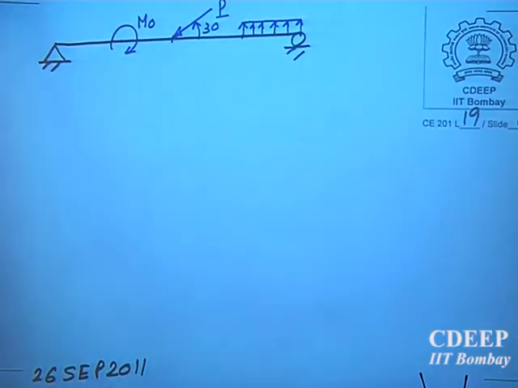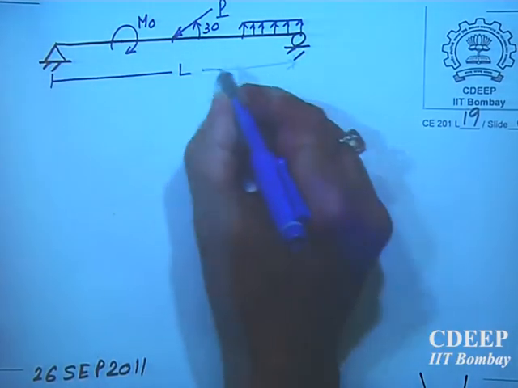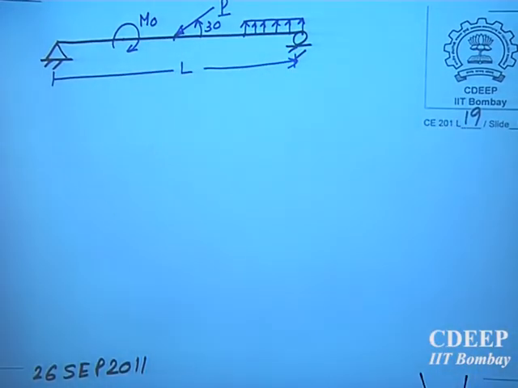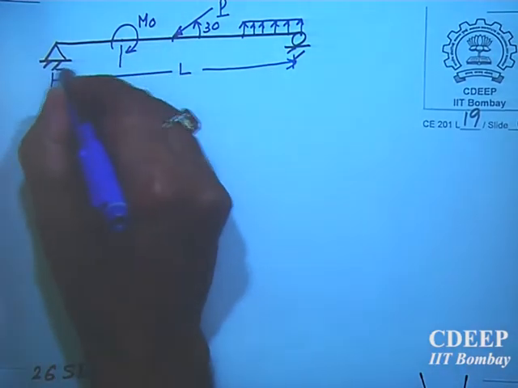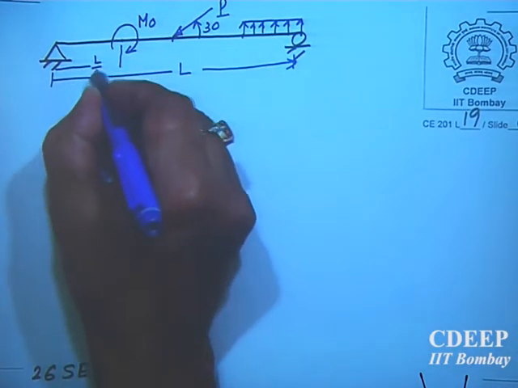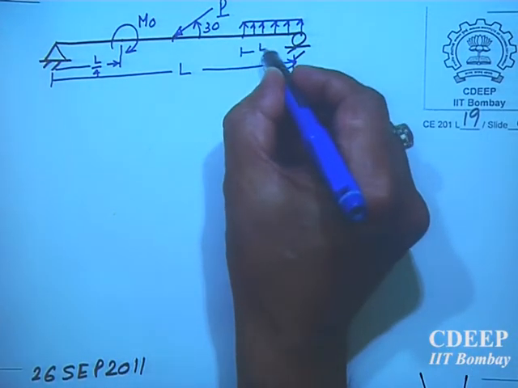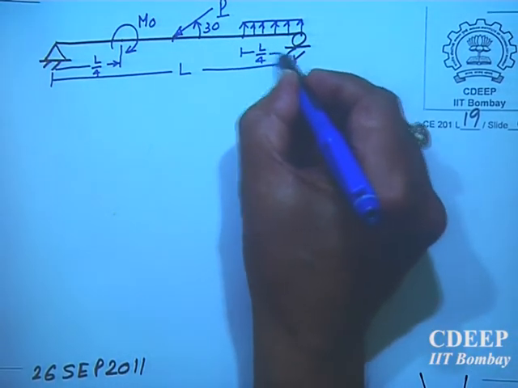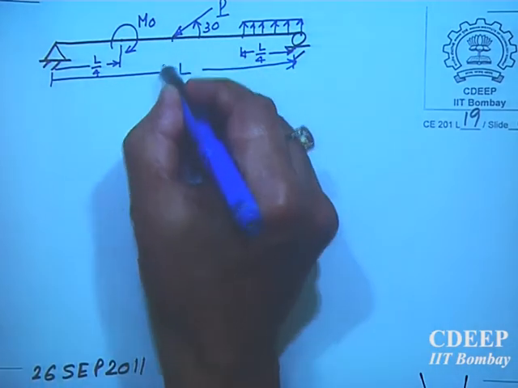So there are 3. Yes, now this is the problem. So this is L/4, and this again is L/4. And this is L/2.